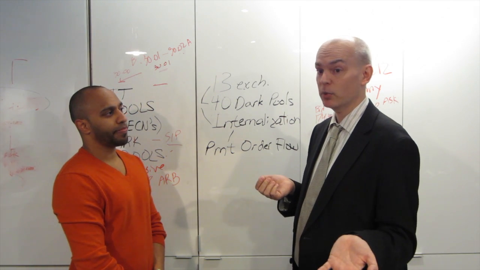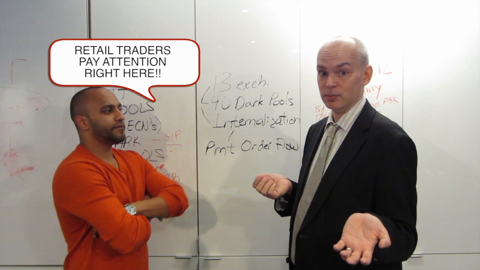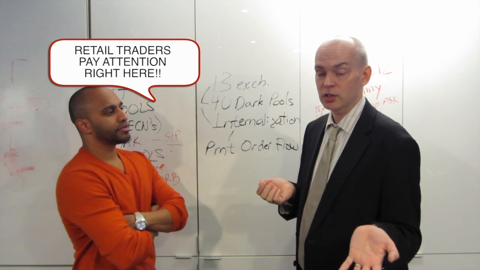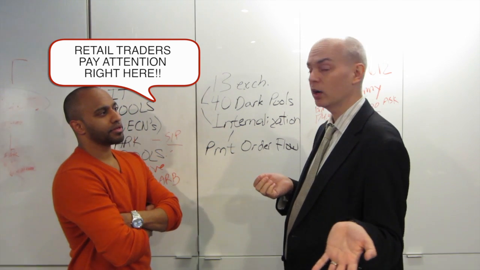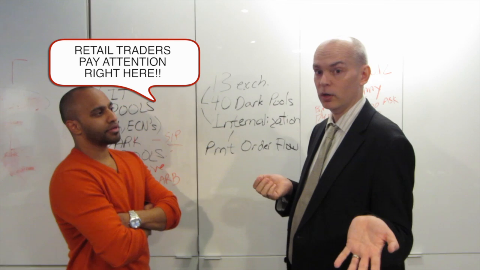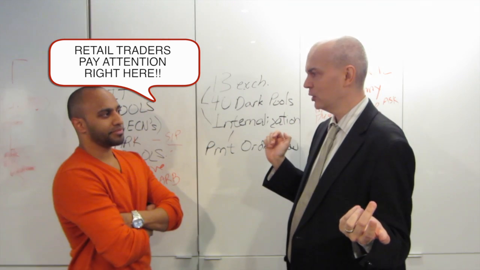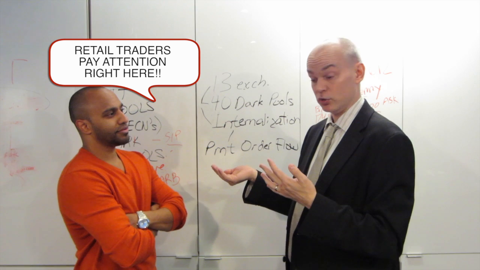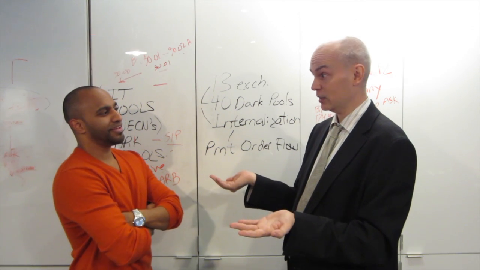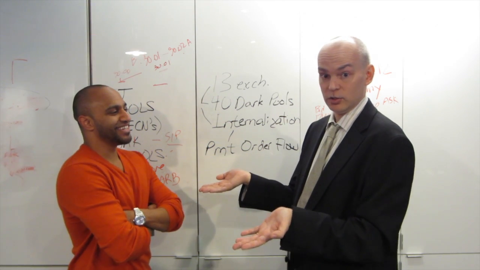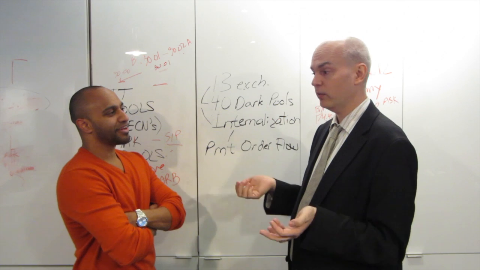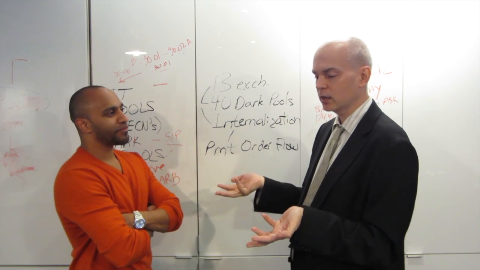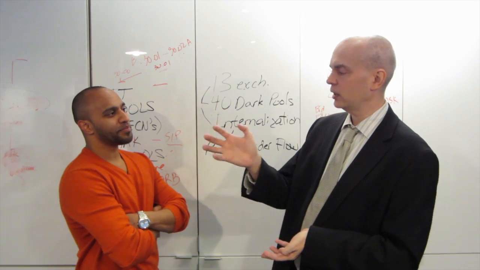Let's say the guy sent me this market order, and this might be a little hint here: you probably don't want to send your market order for a non-retail size, because it's going to go to that market maker, and he has the option to trade with you. He looks at it and says, why would I want to give this guy that much size? So what's he going to do with that toxic flow? He might look at it and say, this is toxic, I'm going to dump it on the exchange.